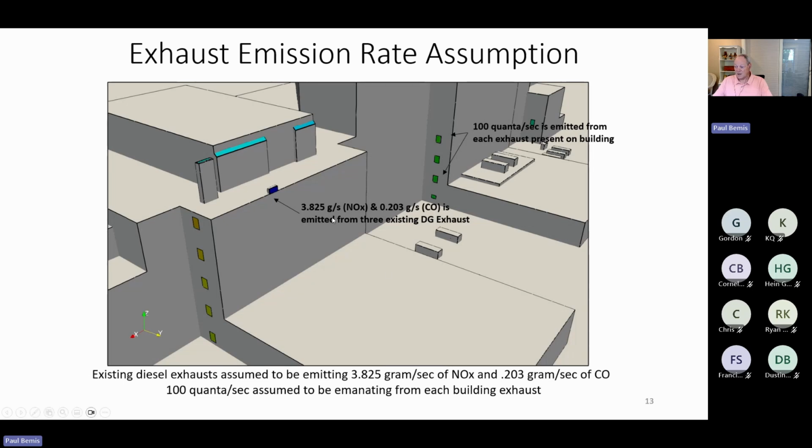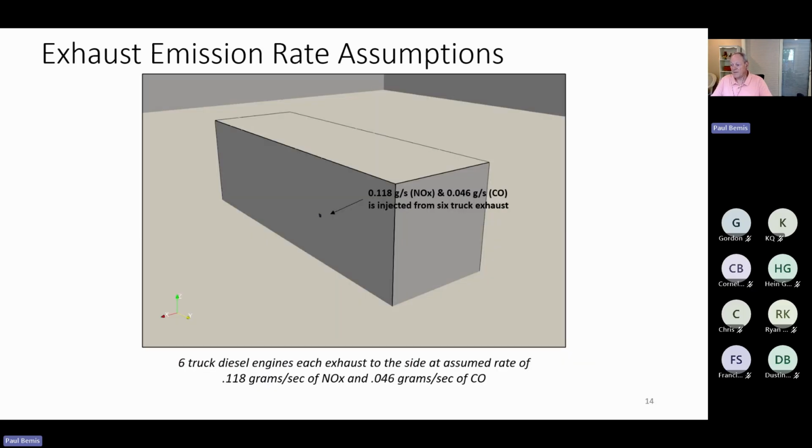We obtain that again from diesel generator data that we find related to these kinds of systems. And then the vehicle itself, truck diesel engines, you can look that information up as well. And you put in the amount of NOx and CO coming out of this device as well. So the emission rate assumptions are drawn from the literature that we find related to this kind of device at this RPM. RPM does make a difference here. These are idling, so they're fairly low.